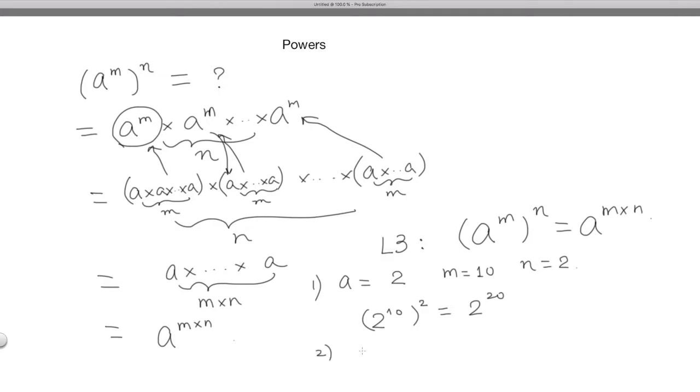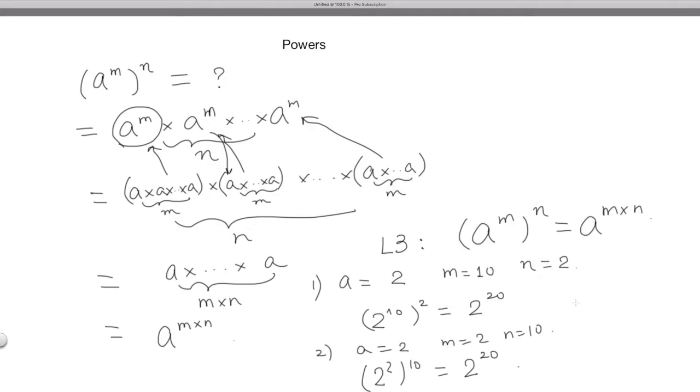How about example 2? A equals 2, m equals 2, n equals 10. This is 2 to the power (2 to the power 10). This is also going to equal 2 to the power 20. Okay?